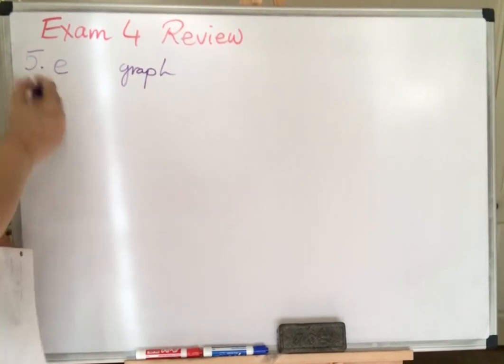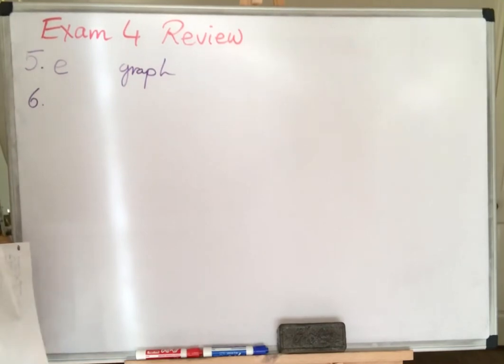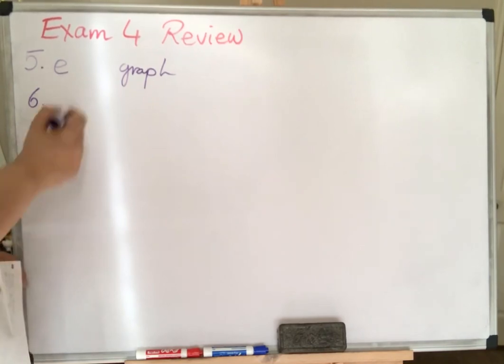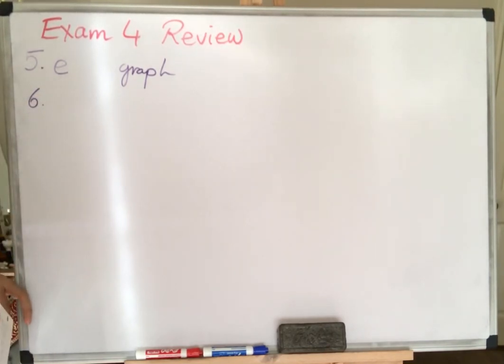Number 6 is from chapter 23. Which of the following is an example of a condensed formula of an alkane? They all show the formulas of alkane, but the condensed formula does not have any ball and sticks like C, and D, and does not have any lines.